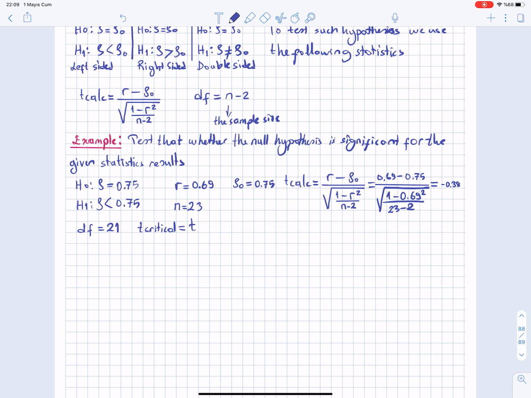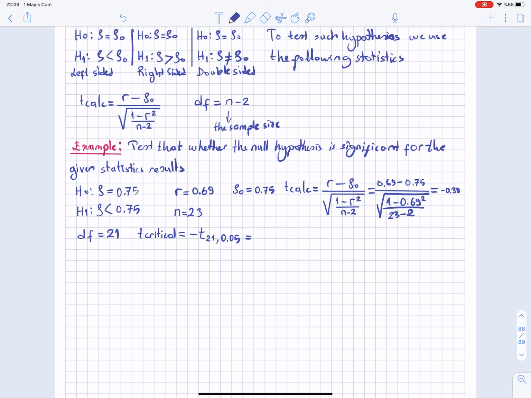The critical value equals T21. Since the alpha level is not given here, you may use the universal alpha level, which is 0.05. Since this is left-sided, the critical value will have a negative sign, so it is minus T21, 0.05.